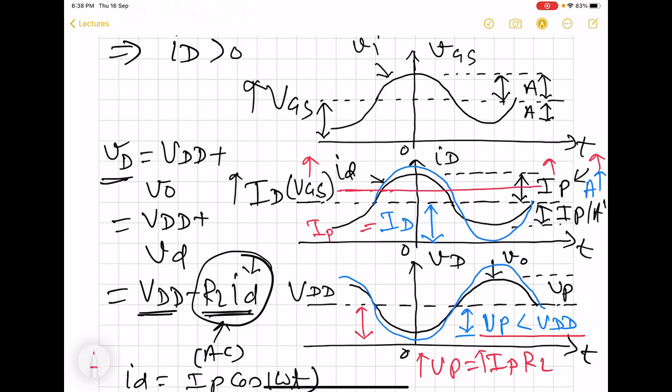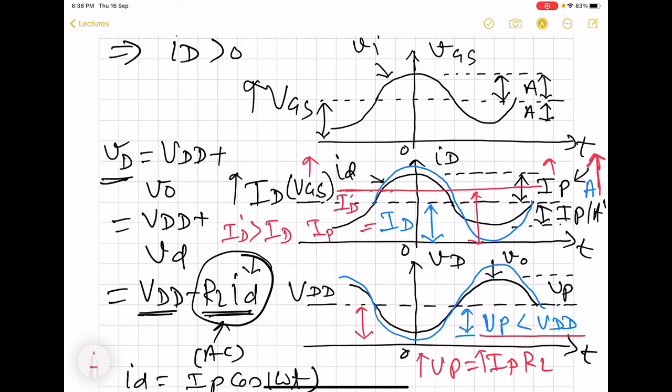So this is going to be the new ID, let us say ID dash, and this ID dash is greater than the previous ID because now VGS is larger than the previous case. So once we have increased ID, now there will be this much room for the growth of IP. So now we will go back to increasing the amplitude of the input.